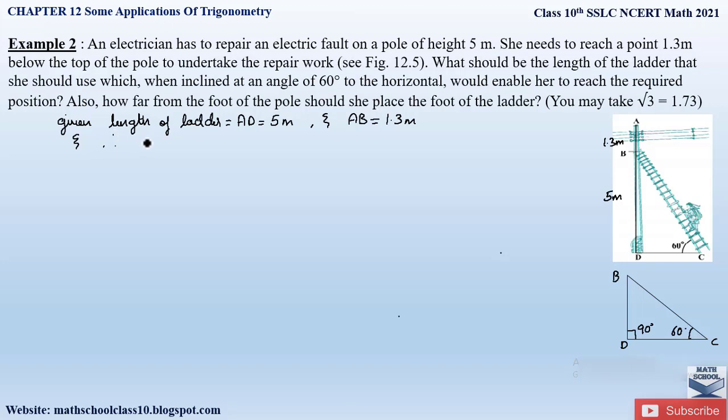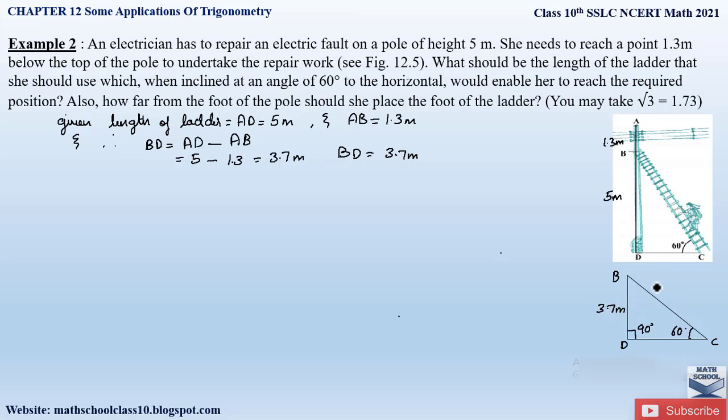Therefore BD is equal to AD minus AB, right? So here AD value is 5 minus 1.3, which is equal to 3.7 meter. Therefore we have BD equal to 3.7 meter, right? So this is 3.7 meter.